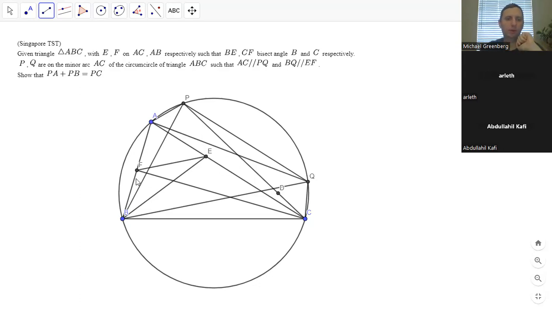So we could even try using Ptolemy on ABQP. It's interesting. And then maybe we could combine those two equations. I kind of like that idea.